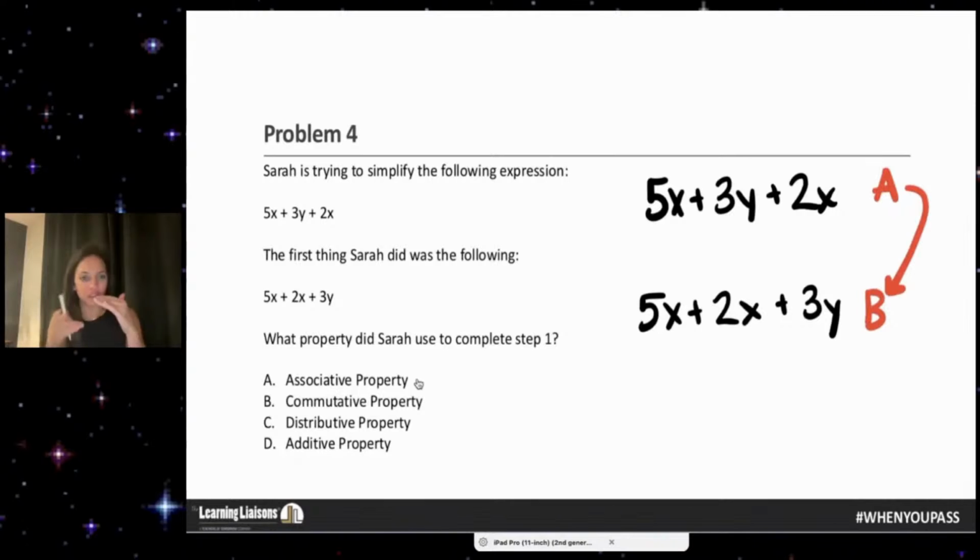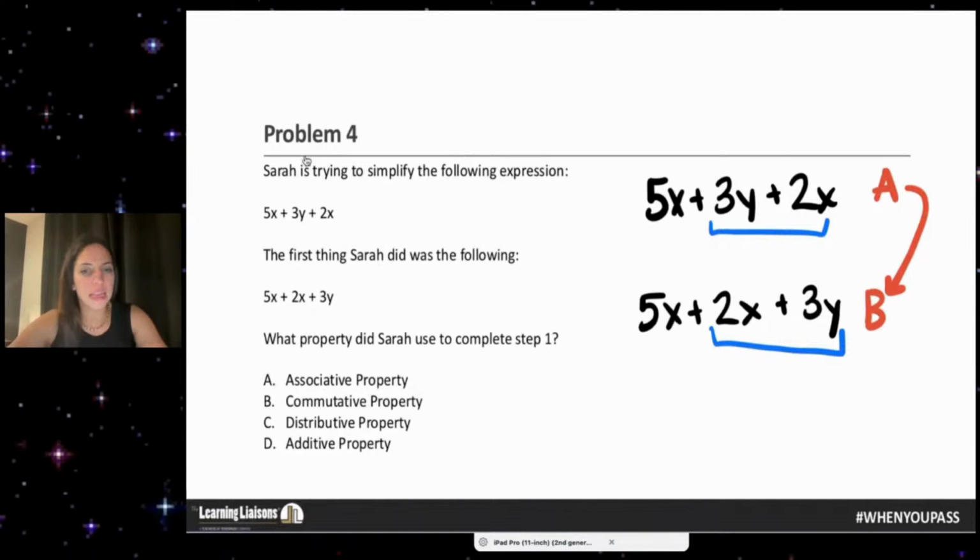The order of these two items. So it's 5x plus 3y plus 2x, or it's 5x plus 2x plus 3y. And so what property is that a part of?